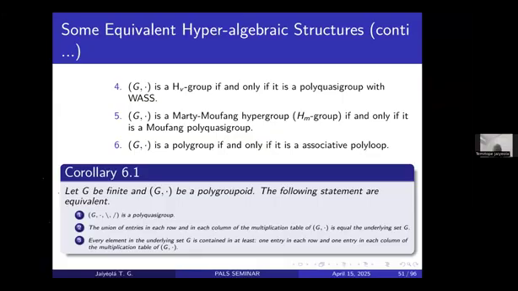And the characterization in this case is that for it to be a polyquasigroup, the union of entries in each row and in each column of the multiplication table is equal to the underlying set, or every element in the underlying set is contained in at least one entry in each row and each column of the multiplication table.